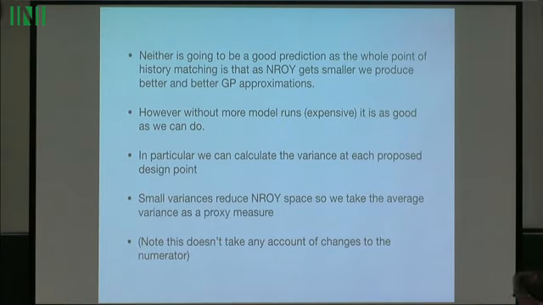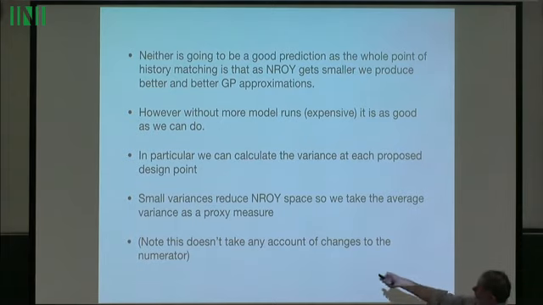So we can calculate the variance at every new proposed design point. And those are going to be inside our NROY space, so they're probably going to be smaller than the variances for the points outside the NROY space. There's no reason to believe that I have any current runs inside that NROY space.